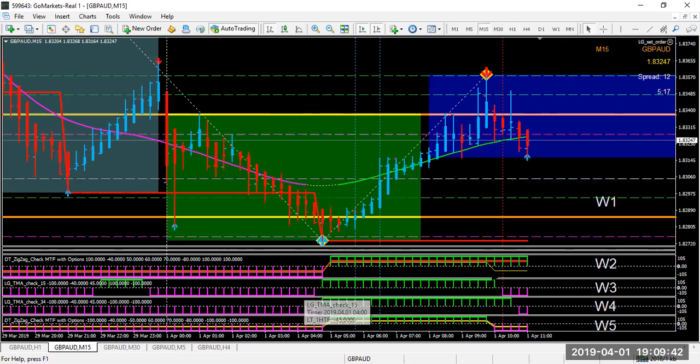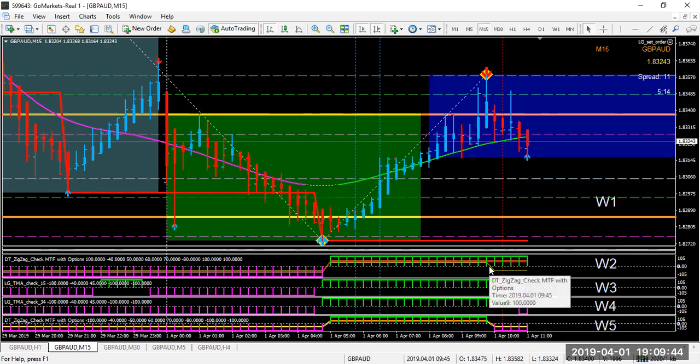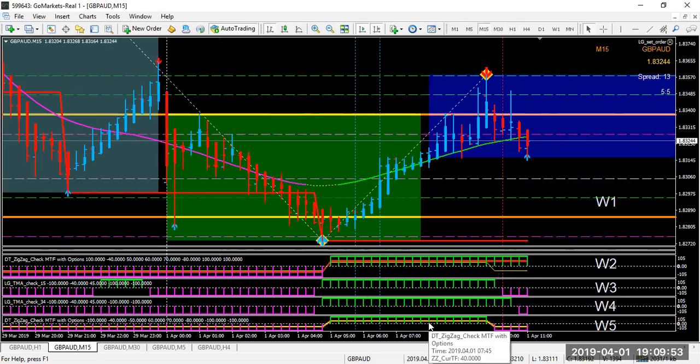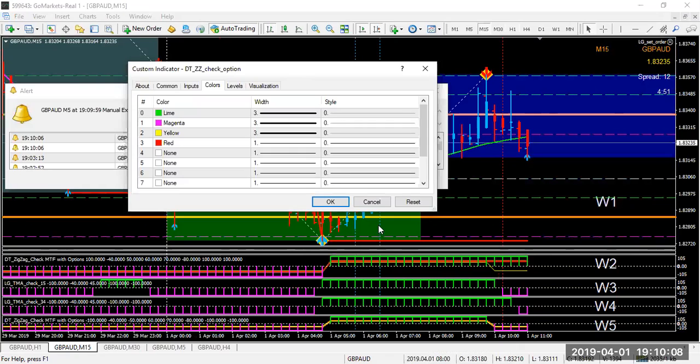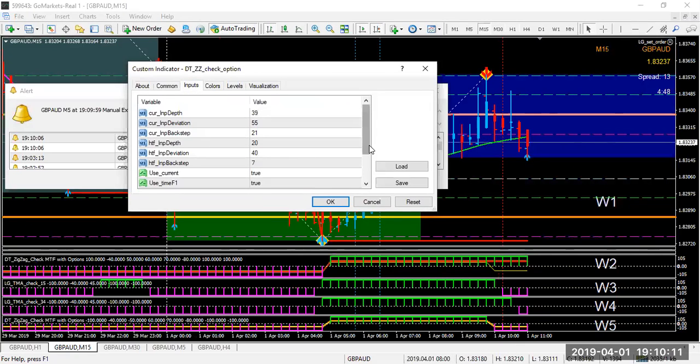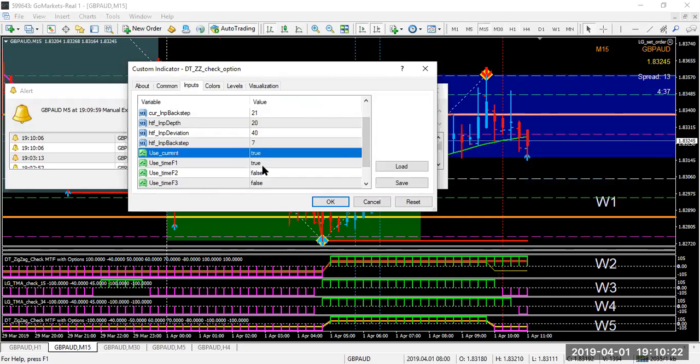Now window 5 also uses the same indicator, so it also has shading. Its shading is more telling you about the current time frame and the time frame just higher. So the current time frame is one of the time frames impacting whether it's being shaded, along with the time frame higher.